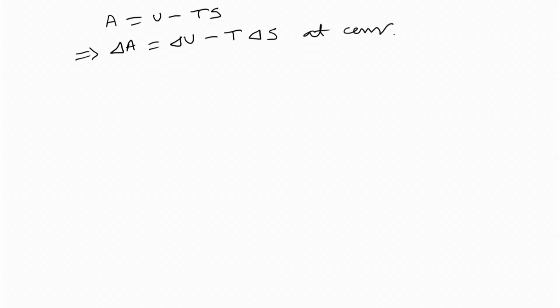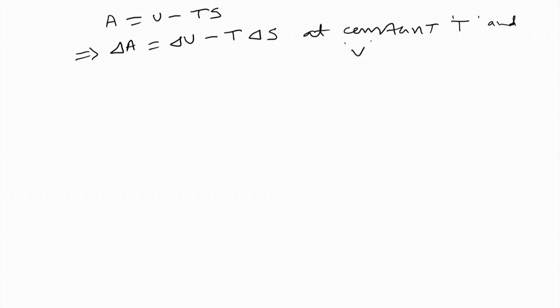Okay. So, we got A is U minus TS, or we can write delta A equals delta U minus T delta S at constant T and V, suppose.